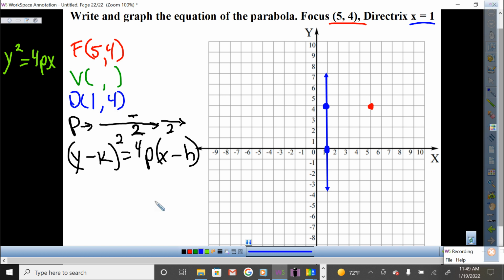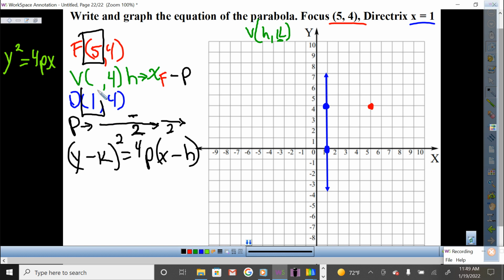Look at those two, what do they have in common now? The 4, so here, for the vertex, I place a 4. Remember, the vertex is h and k, so that means we already have k. What do we need now? h. How to find h? Now we need the x value of the focus subtracted by p. How do we find p?